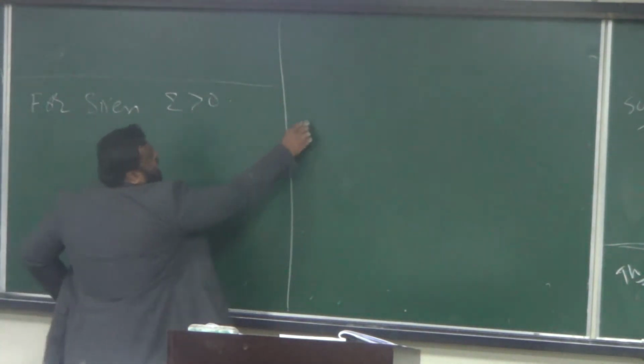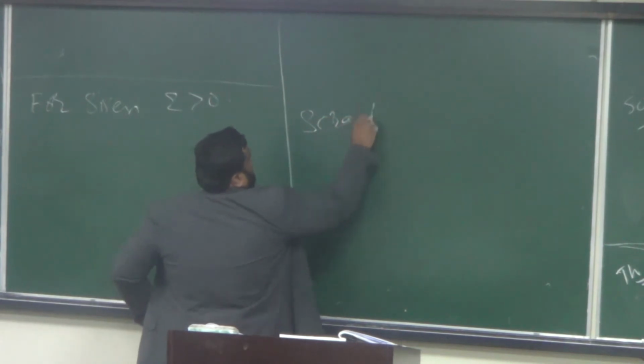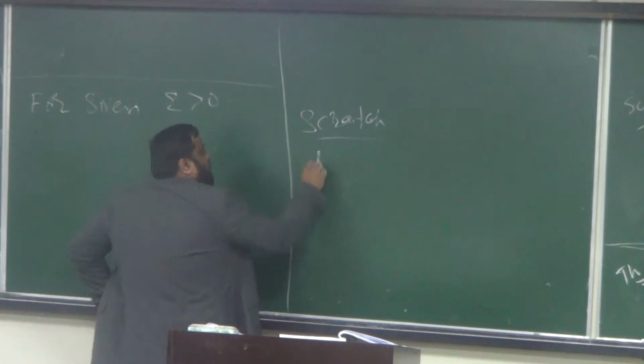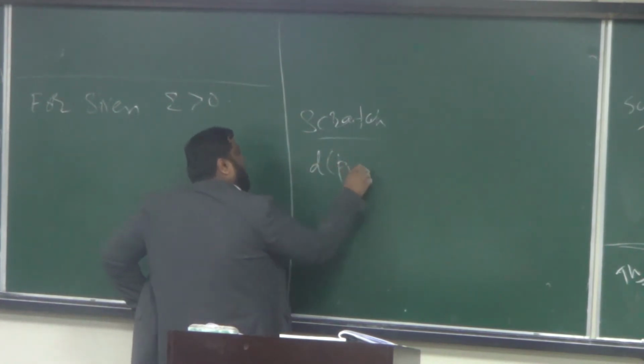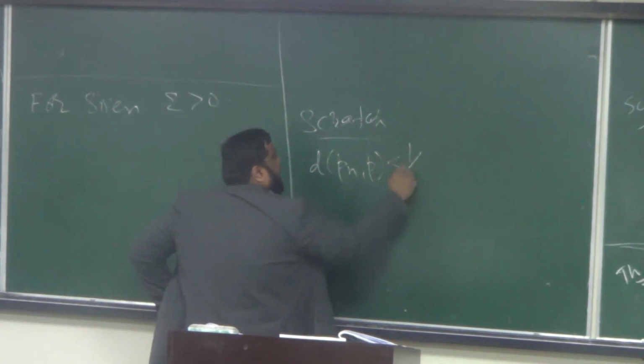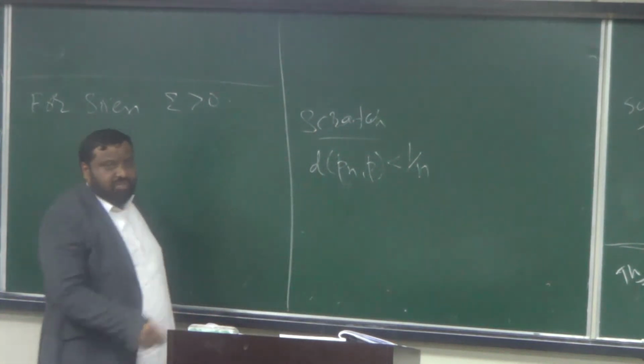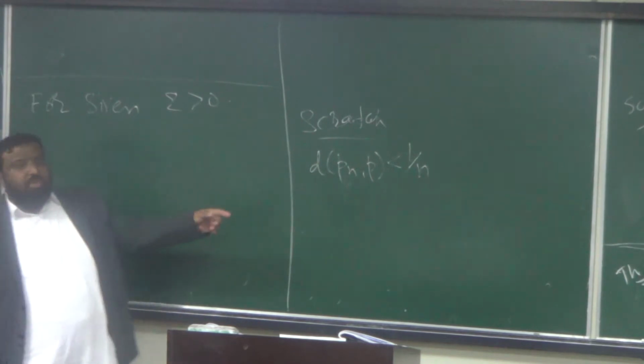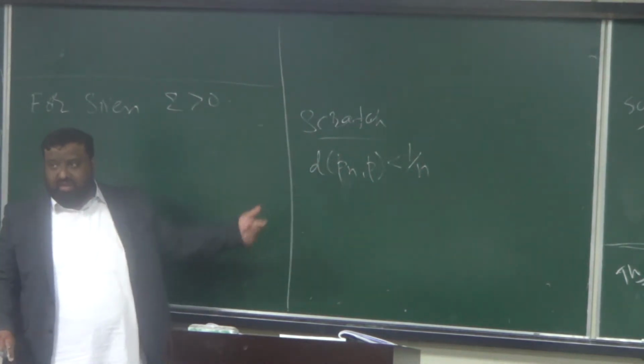So, if I do scratch work, my distance between Pn and P is smaller than 1 over n. Who can see this? Is it making sense? Why is it smaller than 1 over n? Because Pn belongs to the ball of radius 1 over n.